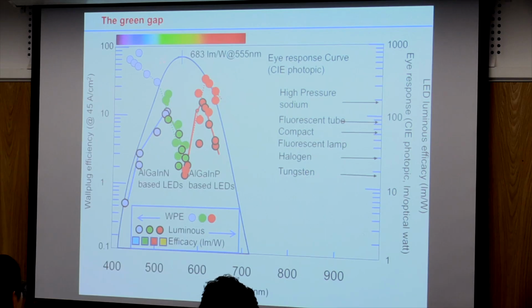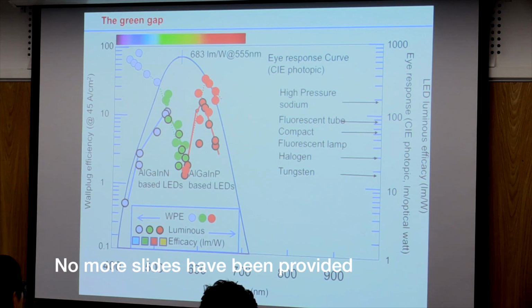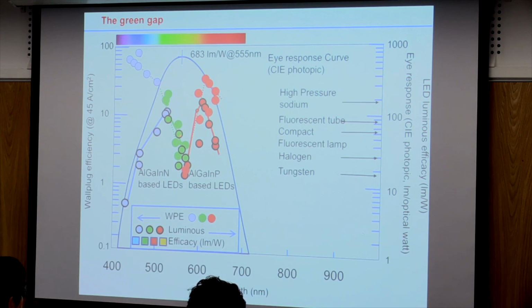Then just to show you what we are doing these days, a big challenge for LEDs is what we call the green gap. If you look at the efficiency of all LEDs produced so far, you find very good efficiencies in the blue, quite good in the red, and in between, in the green, the efficiencies drop a lot.